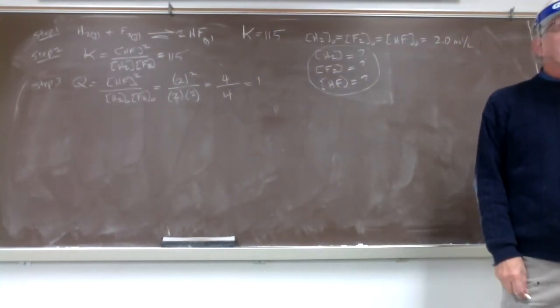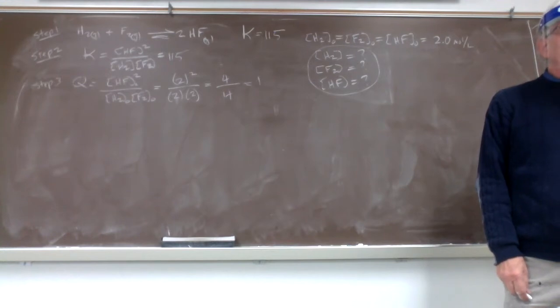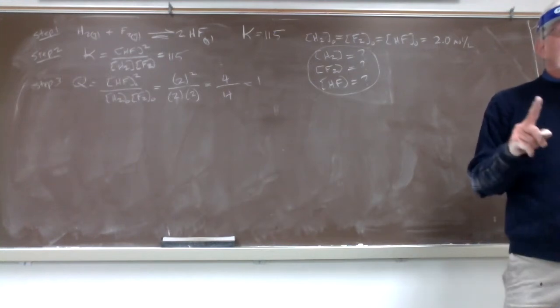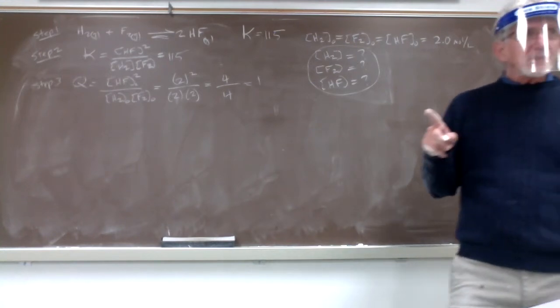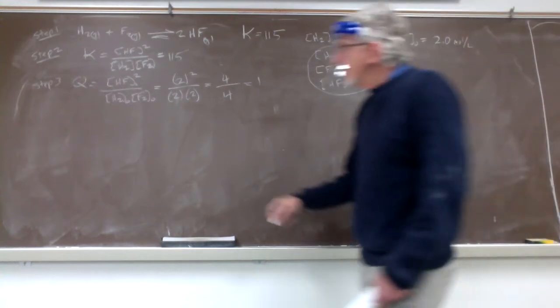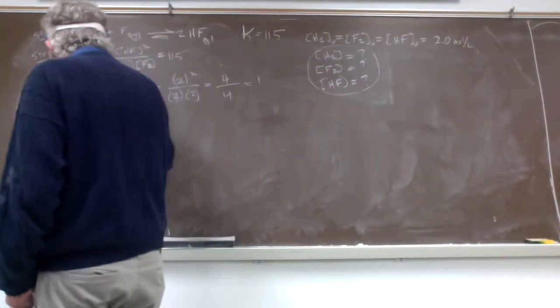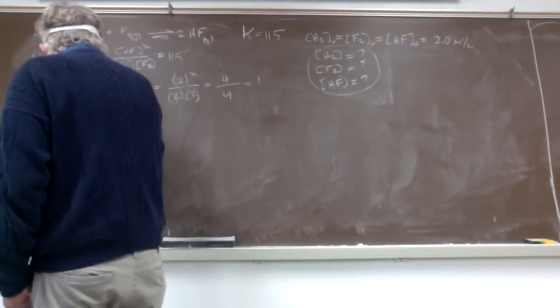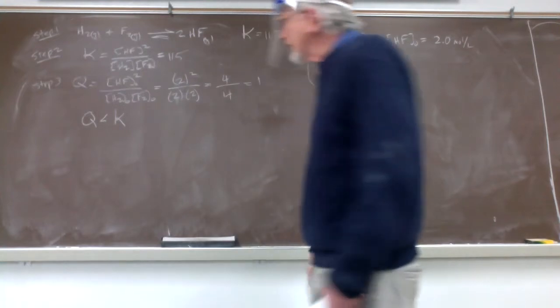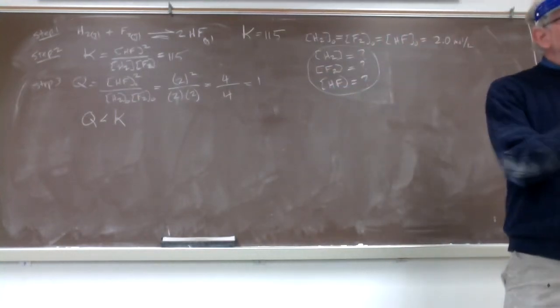So which direction must this reaction go? It can only go in one direction, that is the direction towards equilibrium. And Q is less than K, so we don't have enough product, right? You had it right.